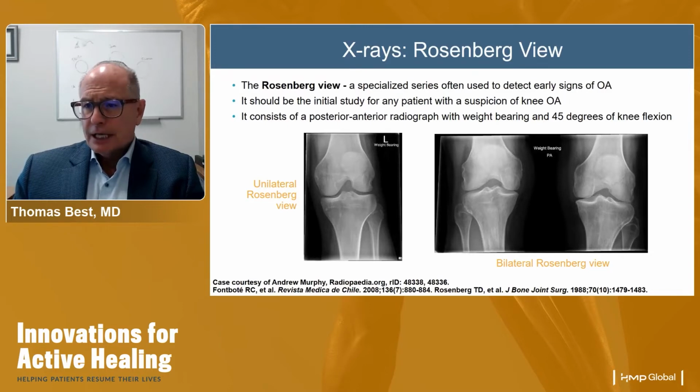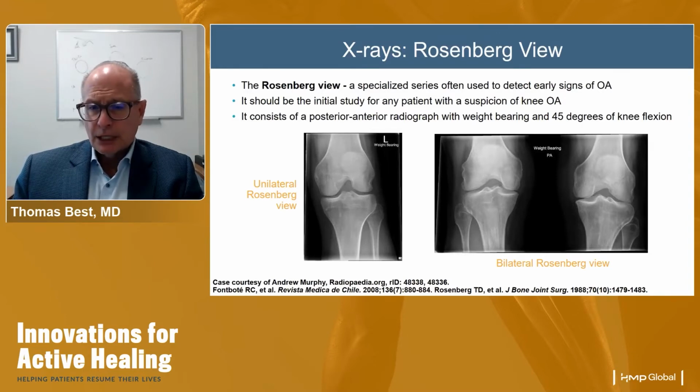Now, this slide is meant to illustrate a very important point, and that is the importance of obtaining weight-bearing films. We see this all the time, that patients will come in from outside sources, they'll have X-rays, and the first question I always ask my residents and fellows is, was that a weight-bearing film? And why is that important? Well, as we can see here, if you look on the left-hand side, you see a view that looks relatively normal.